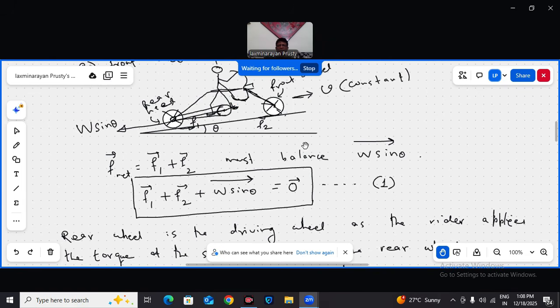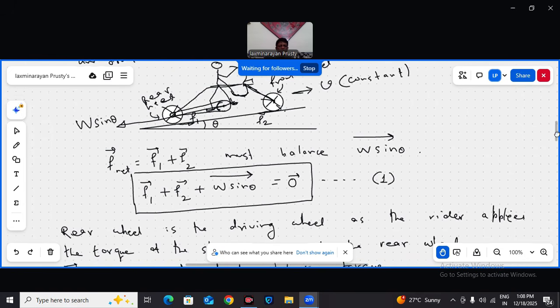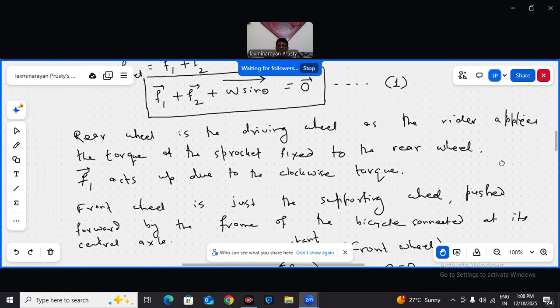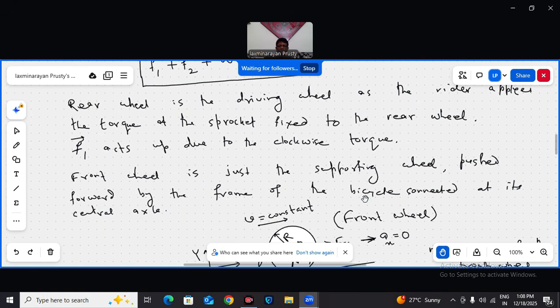The frame of the bicycle is connected to the front wheel, and that pushes it up. It has no torque being applied by anybody on the front wheel. So by the frame, the bicycle front wheel is pushed up and the frame is connected at the central axle of the front wheel.